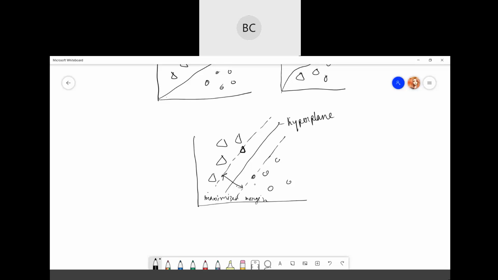Suppose this point is in the margin, and this is the point which is closest to the hyperplane. So these are your support vectors. This is a support vector, and this is another support vector.